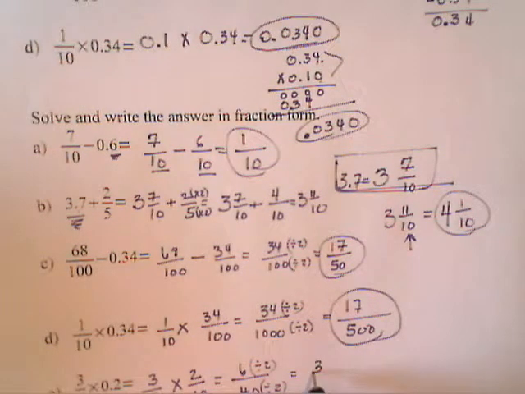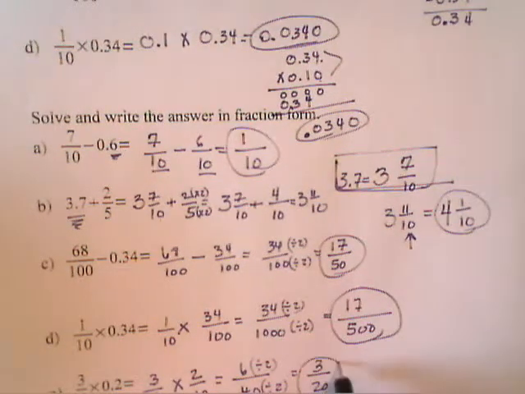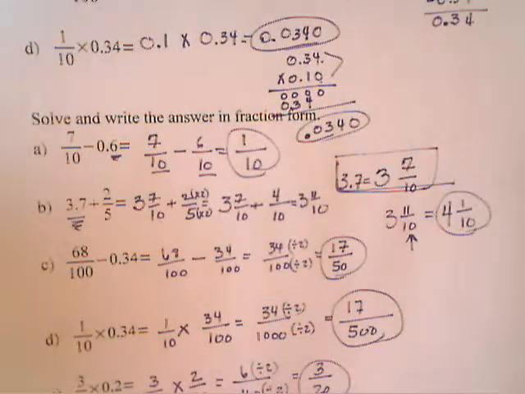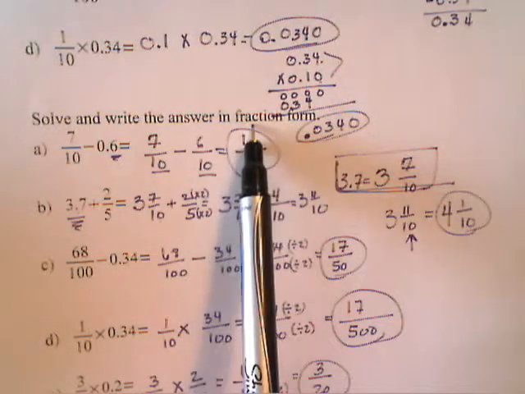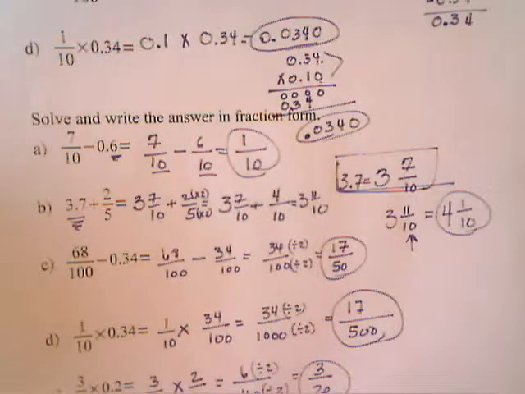And we'll get 3/20. And we're done. So the tricky part here is to make sure that you pay attention to whether they're asking you to convert everything into fractions or everything into decimals before you do your calculations. All right, that's lesson 85.